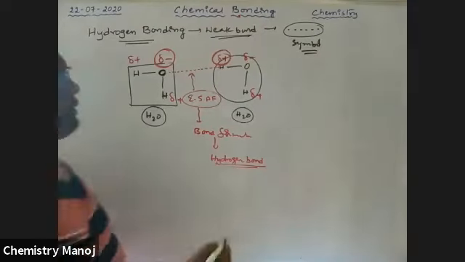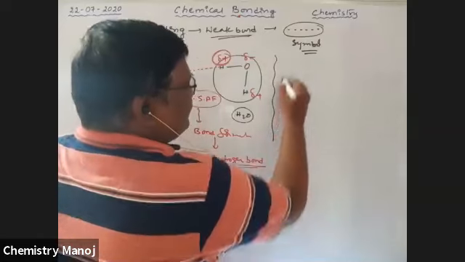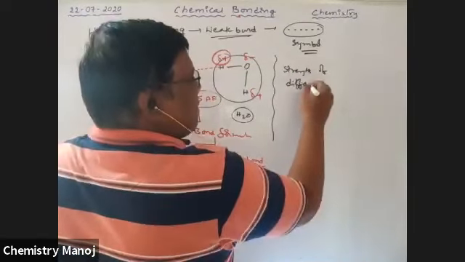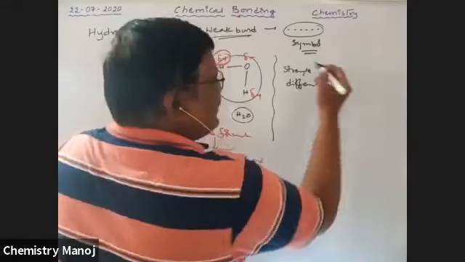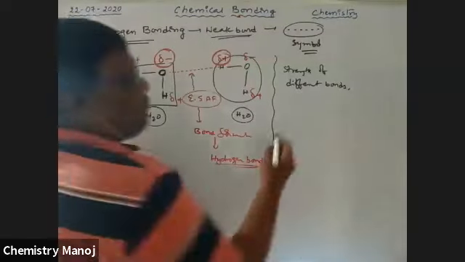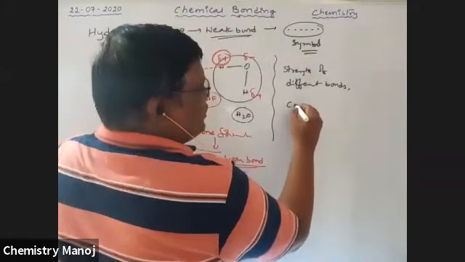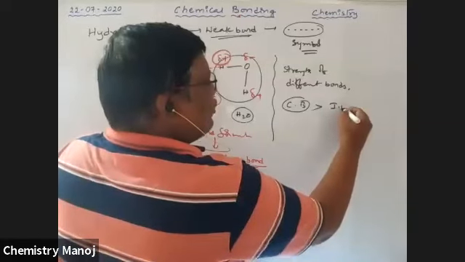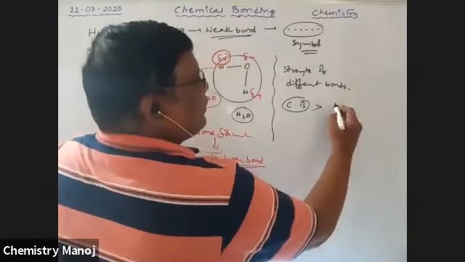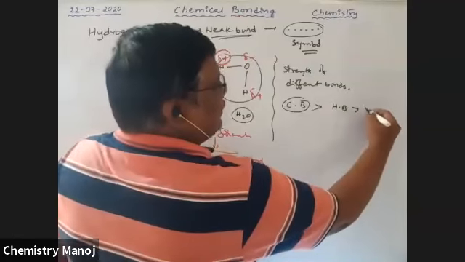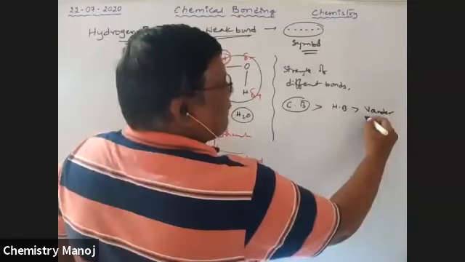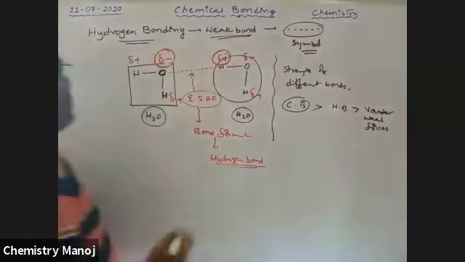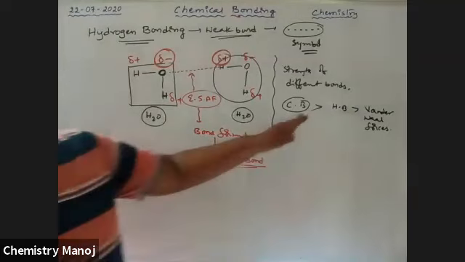Now, comparing the strength of different bonds: covalent bonds are stronger than hydrogen bonds, and hydrogen bonds are stronger than van der Waals forces. These are the attractive forces in our chemistry.